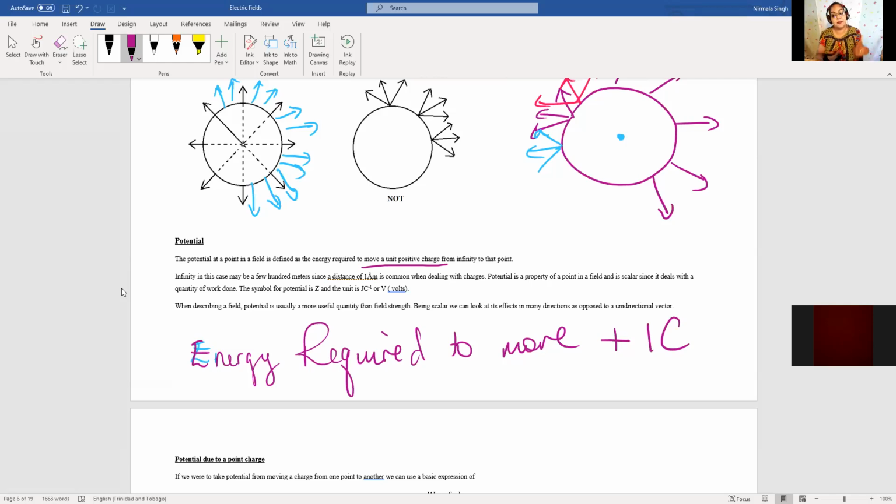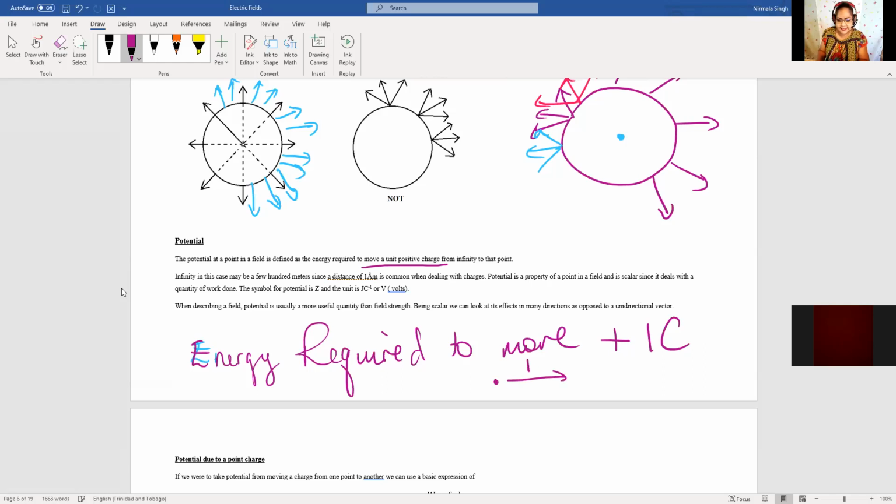Now, infinity means a very far distance away. A very far distance away doesn't have to mean from here to the moon, which is not that very far, it's 334,000 kilometers. But when it comes to the realm of charges, remember charges are very, very small. I'll look up what the size of a charge is.